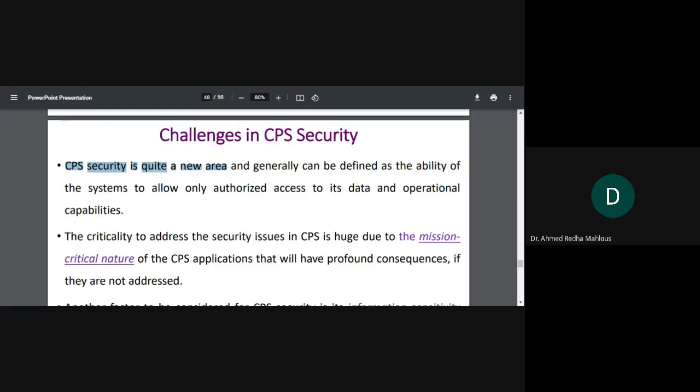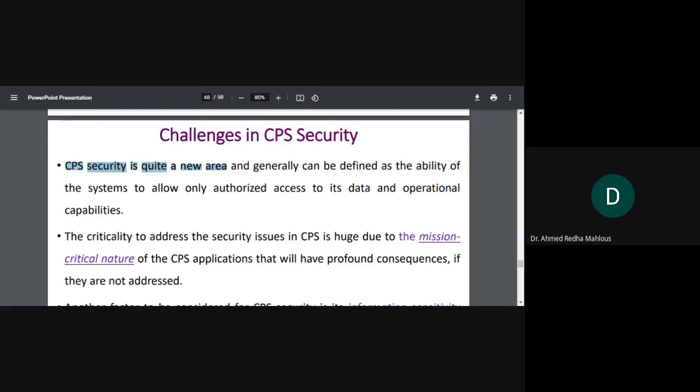For instance, when securing a CPS environment, some people will apply the same procedures and strategy employed in an IT environment or a company environment that has computers and servers.